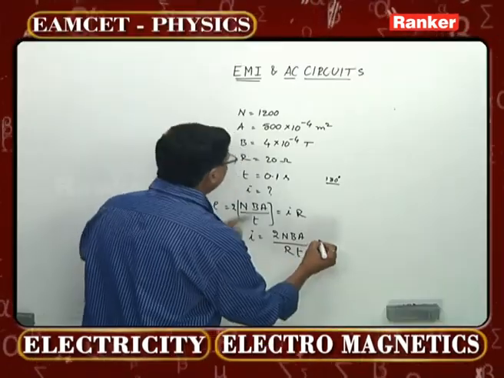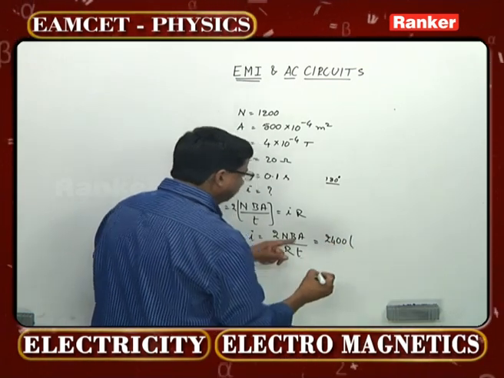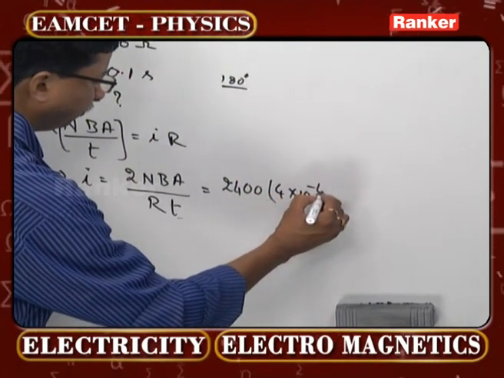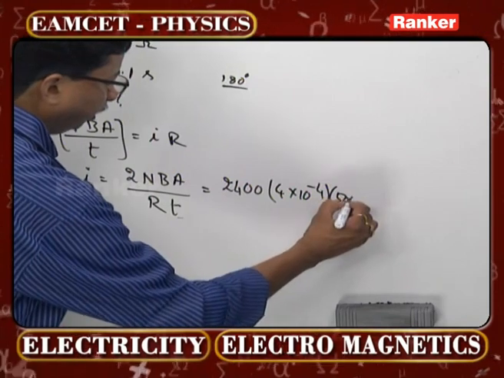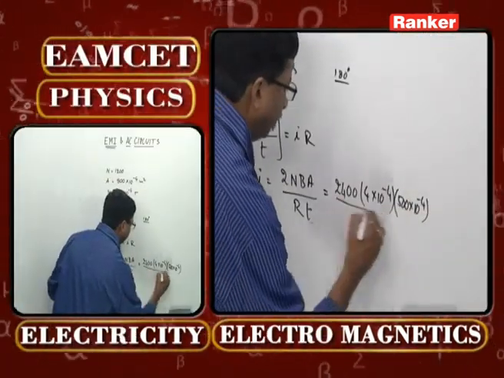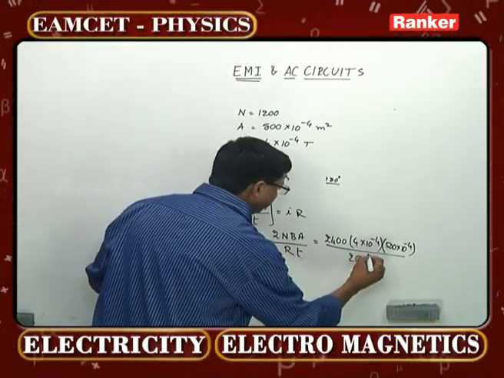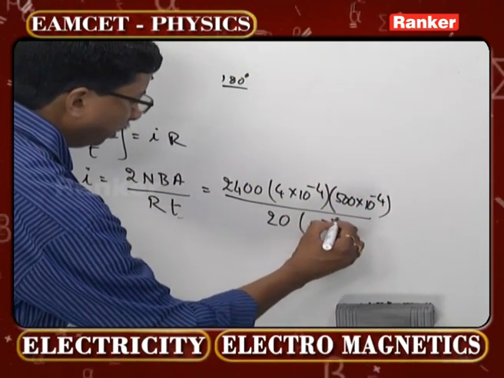So you can write 2 into 1200, 2400, into B, that value is given as 4 into 10 power minus 4, into the value of A, that is once again 500 into 10 power minus 4, whole divided by the value of resistance given, that is 20 ohm, into the time that has been mentioned, 10 power minus 1.